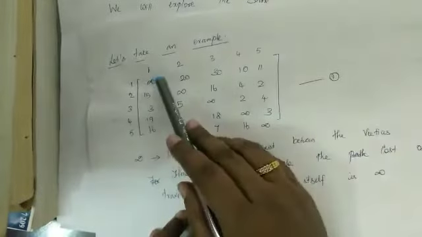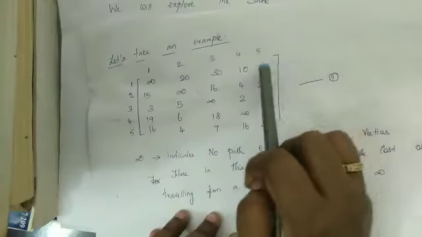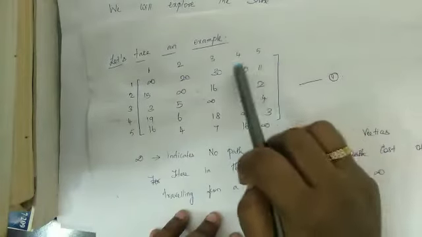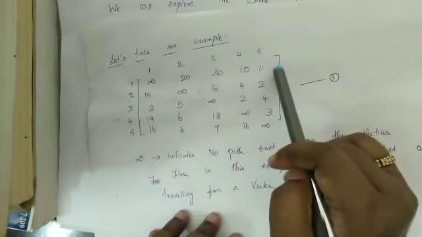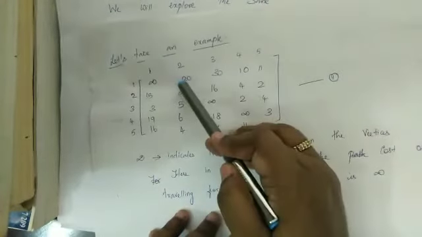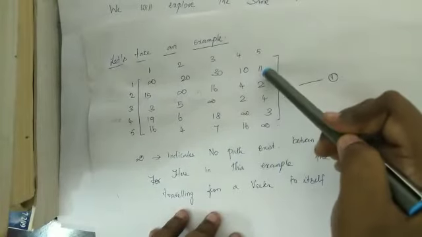Let's not bother about the infinity. Row-wise reduction means we identify the minimum element in each row and subtract it from all the elements of that row. So this 20 would become 10, this 30 would become 20, this would become 0, and this would become 1.